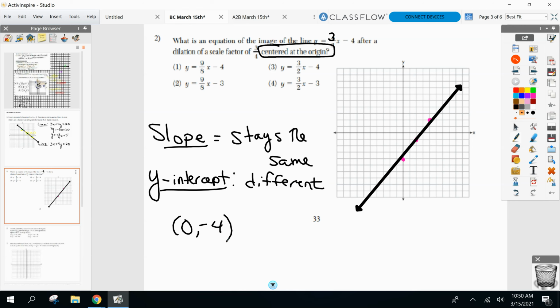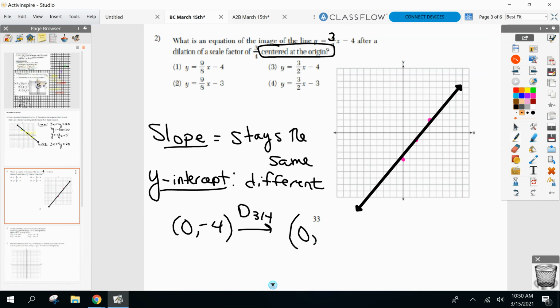And since I dilate around the origin, what can I do with my y-intercept and my scale factor of 3/4? Multiply. All right, because I am dilating around the origin, to find the new point, I can multiply my point by the scale factor. So 0 times 3/4 will stay 0.